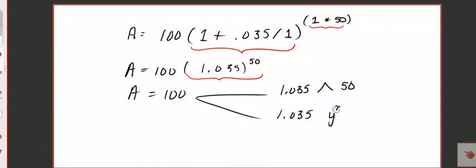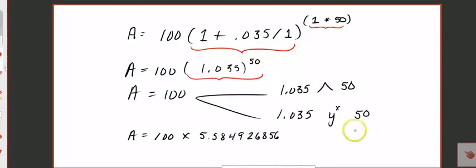I'll just hit y to the x. I can't remember what it is on most calculators. Click that feature, then type in the exponent. Either one of those operations will raise 1.035 to the 50th power.